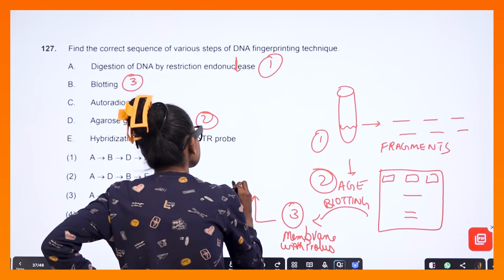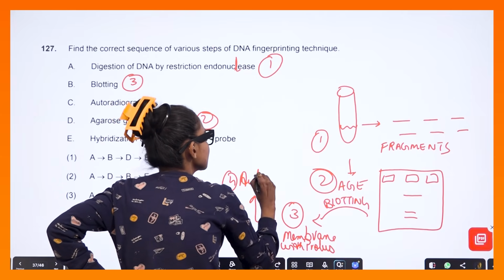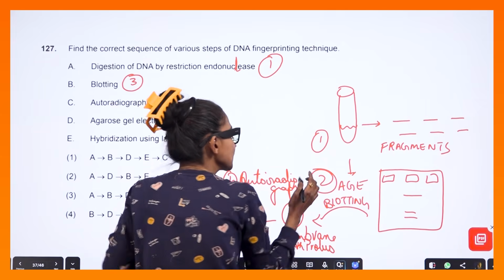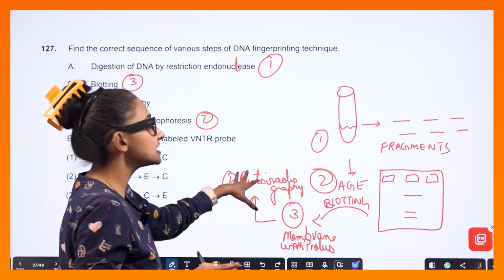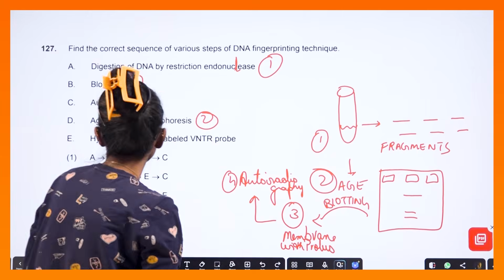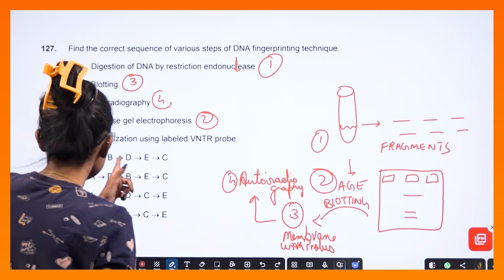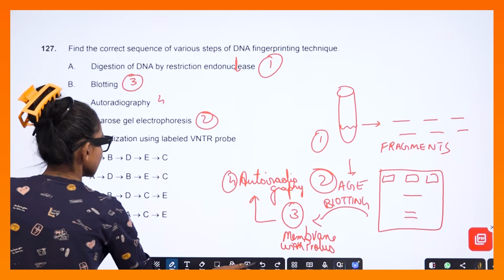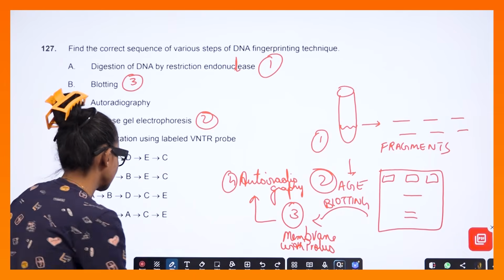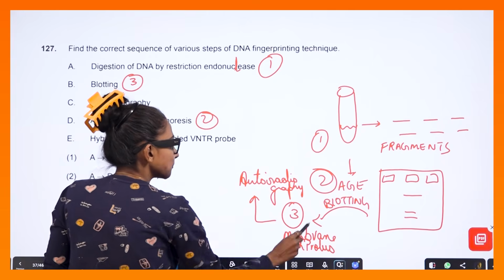You will notice presence of spots. That is called autoradiography. So you can observe the membrane under X-rays to see whether the spotting or complementation between the probe and the DNA has taken place or not. Correct? So, fourth. One second. First it has to be blotting, then hybridization and then autoradiography. One second. So the numbering should be changed slightly. Blotting has taken place.